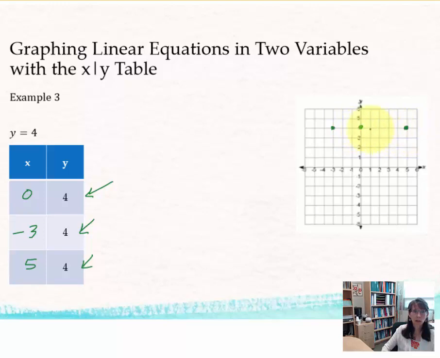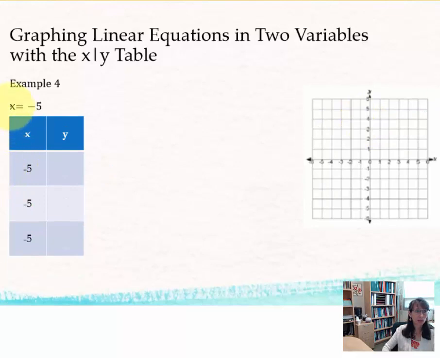Notice what kind of special line this is going to be. It's going to be a horizontal line. We also need to include arrows on both ends. So this line is y equals positive 4. So no matter where we go on this line, notice the y value is always positive 4.